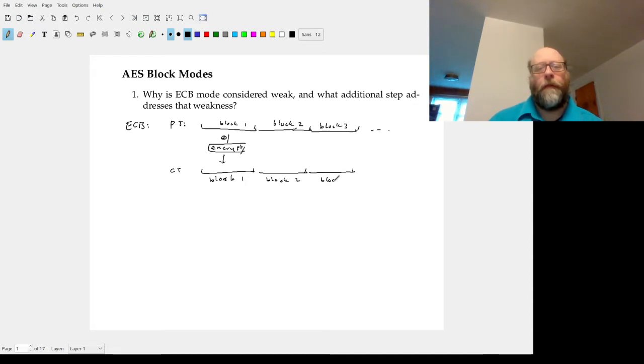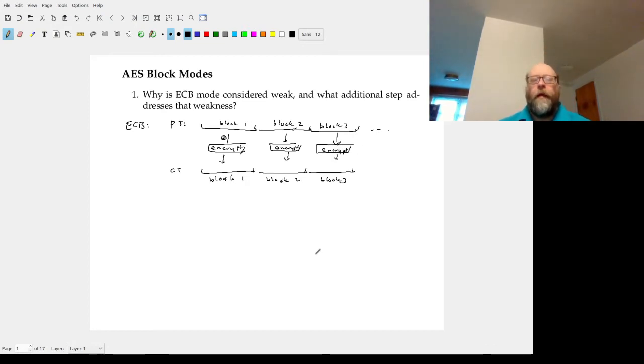So on and so forth. And then we encrypt this block, and then we encrypt this block, and so on and so forth.